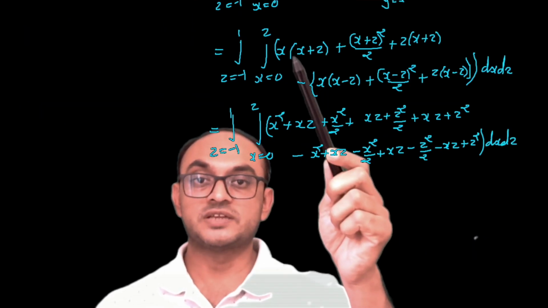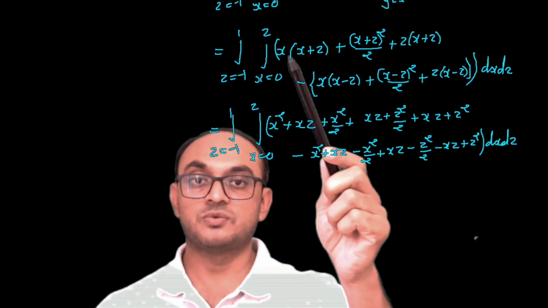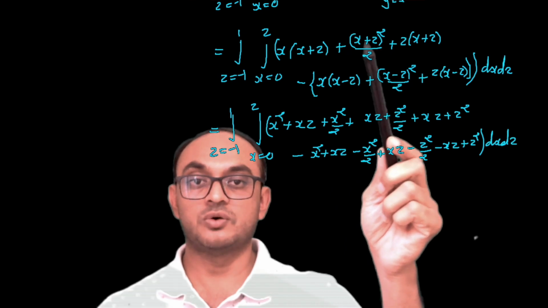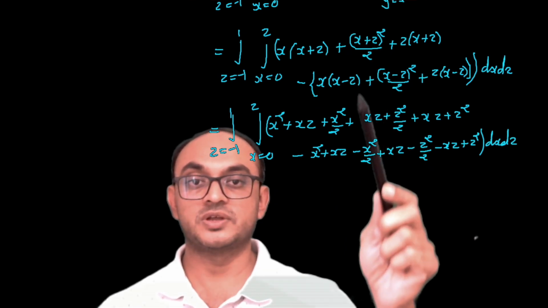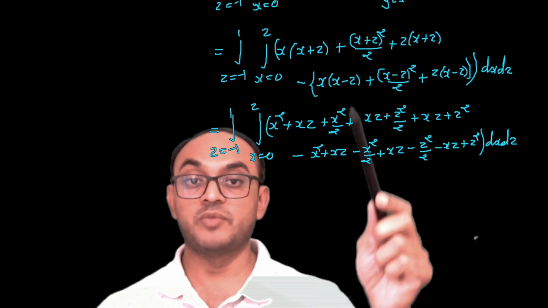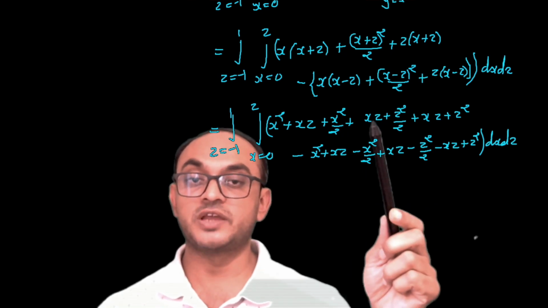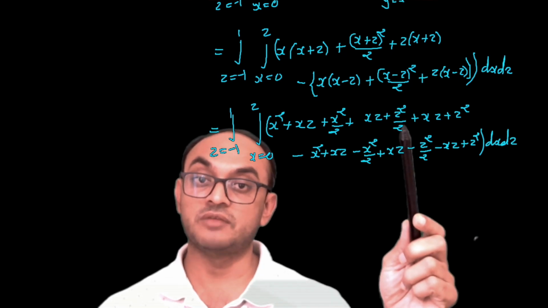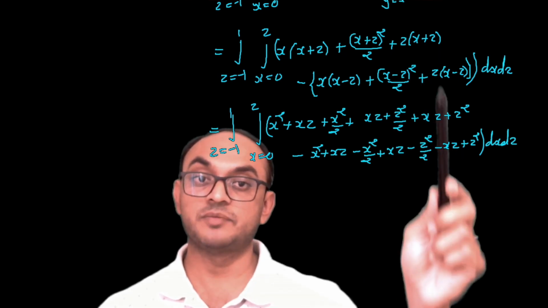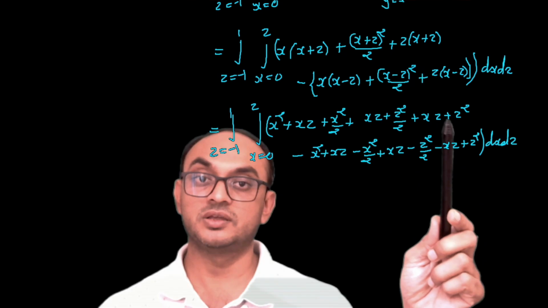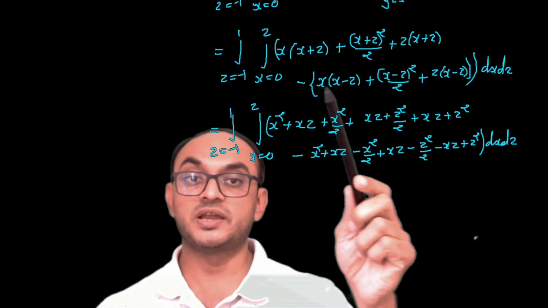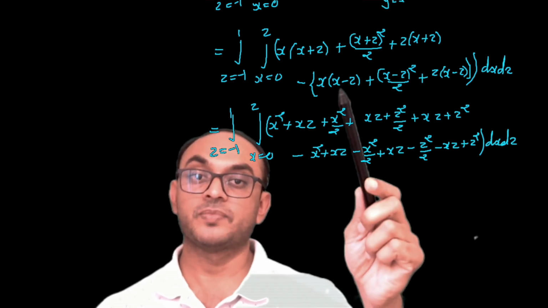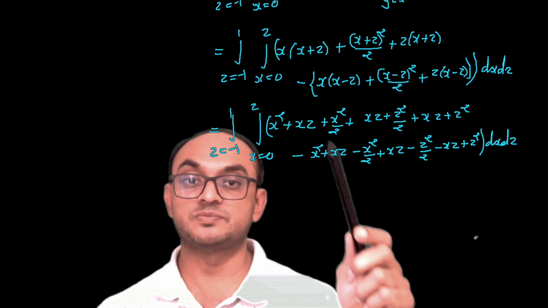I have just expanded this. x into x is x square, x into z is xz, then this is a plus b whole square, a square plus 2ab plus b square, divided by 2, which gives me x square by 2 plus 2xz by 2, which is xz, plus z square by 2. Then this is xz plus z square, which I have written here. Then the minus sign and all these quantities. So minus of x square, then minus xz, minus minus is plus.